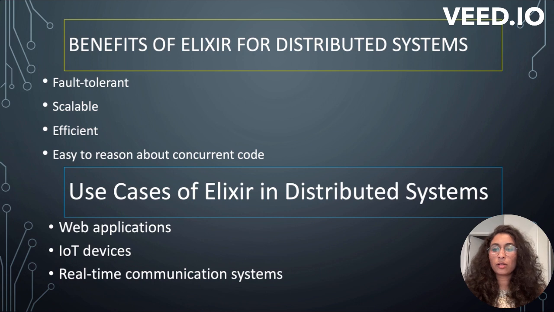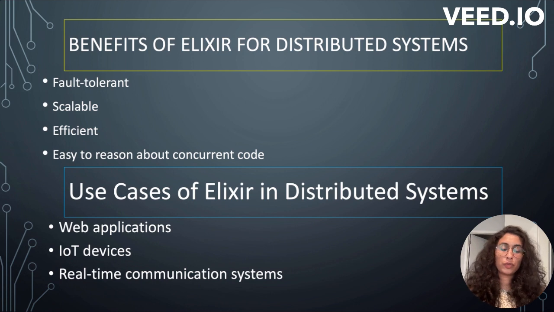Alrighty. So let's talk about use cases of Elixir in distributed systems. These are a few applications where you can use your Elixir application, like web applications, IoT devices, and real-time communication systems. I would say Elixir is an excellent choice for building modern software systems that require high concurrency and distributed computation capabilities, like a real-time communication system.